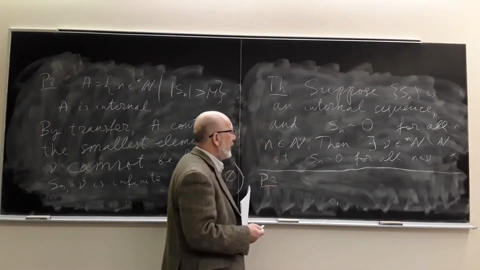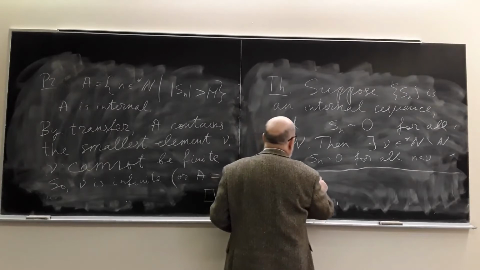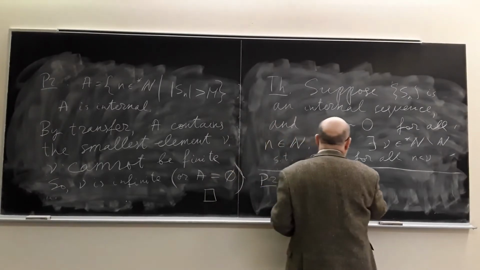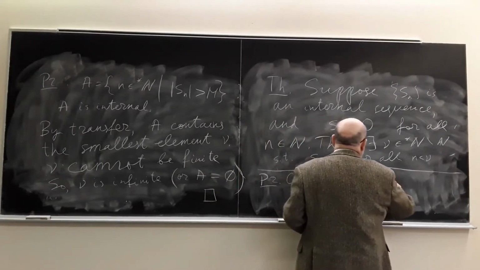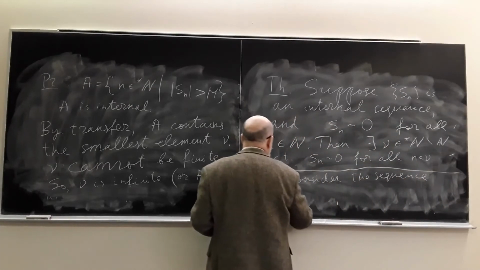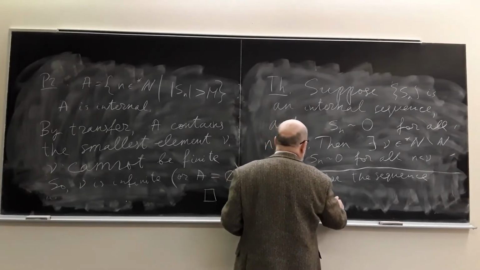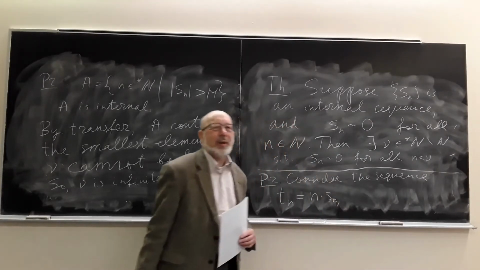So let us consider the following sequence. Consider the sequence Tn equals n times Sn. Just multiply it by n.